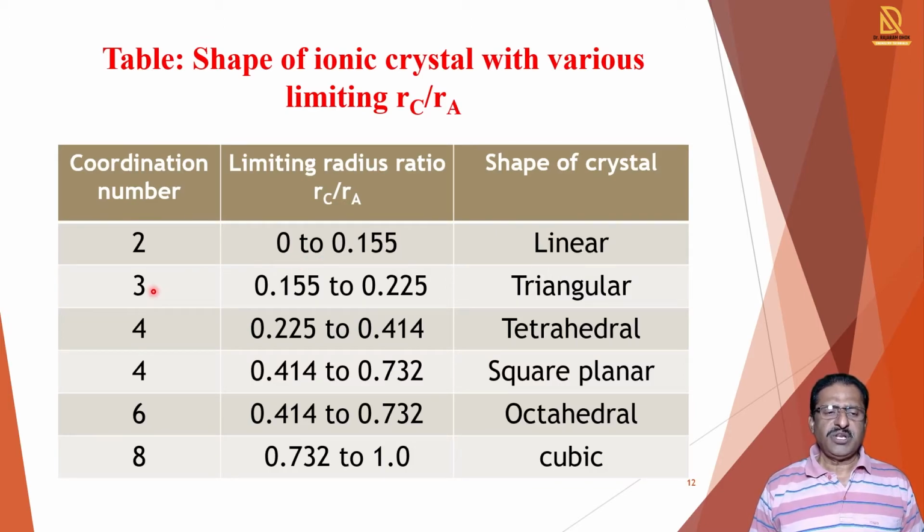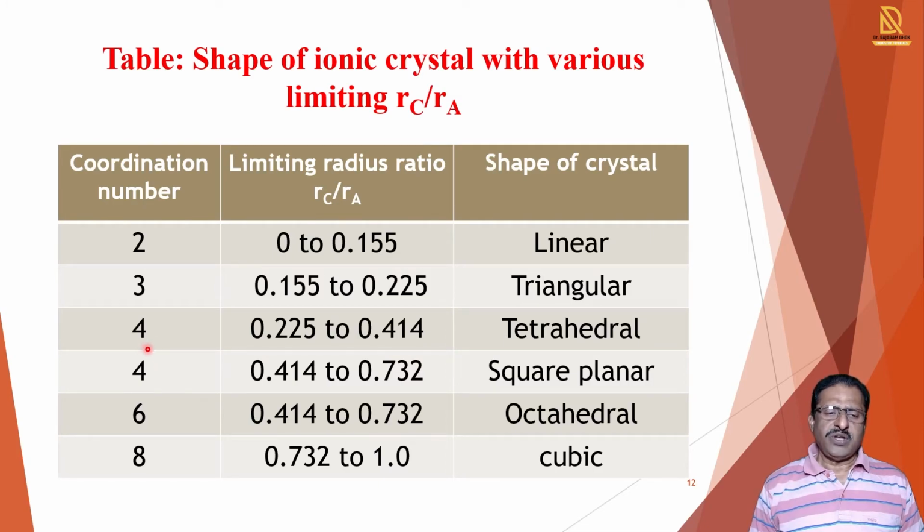In coordination number 3, the limiting ratio is 0.155 to 0.225, and the shape of the crystal is triangular. For coordination number 4, the limiting radius ratio is 0.225 to 0.414, and the shape of the crystal is tetrahedral.